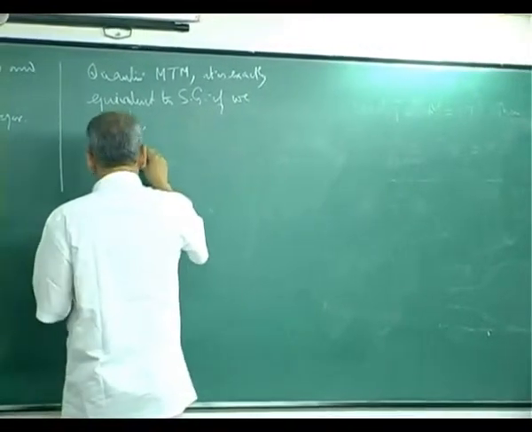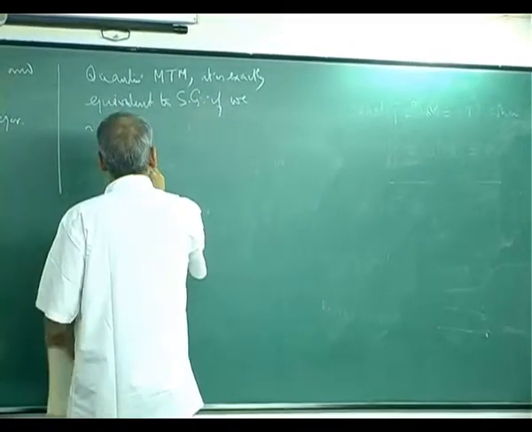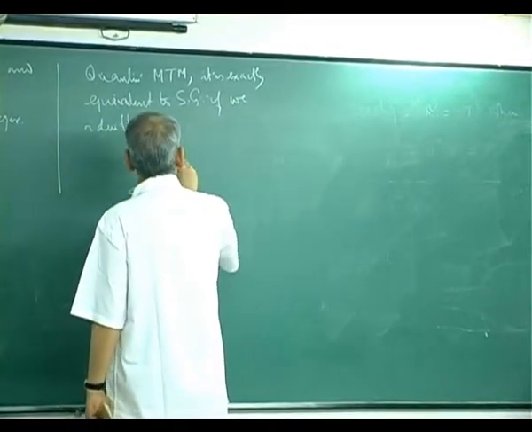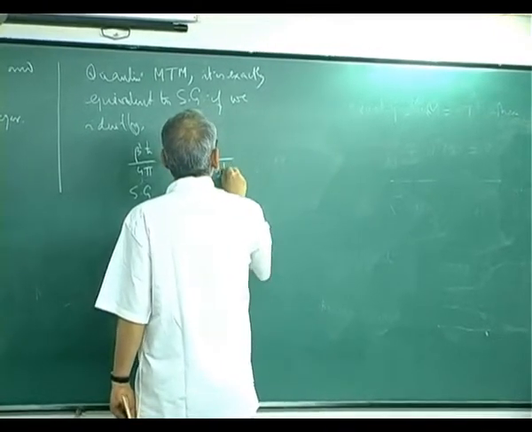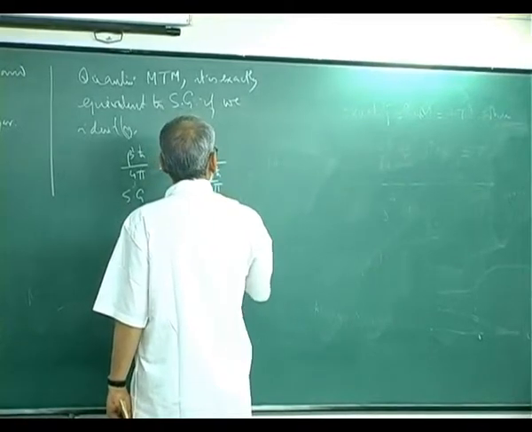Identify beta squared h cross by 4 pi of the sine-Gordon theory as 1 by 1 plus g times h cross by pi of the massive Thirring model.